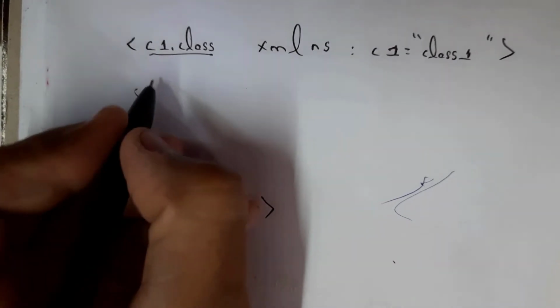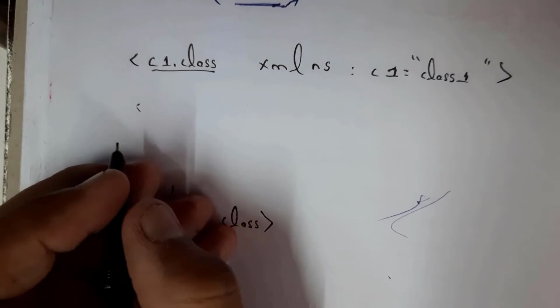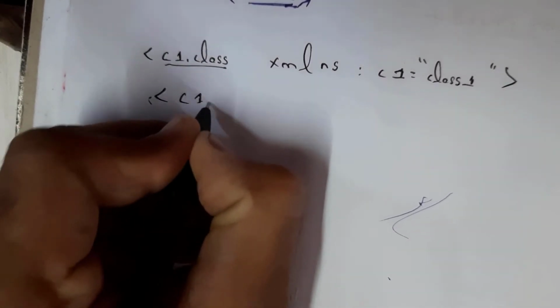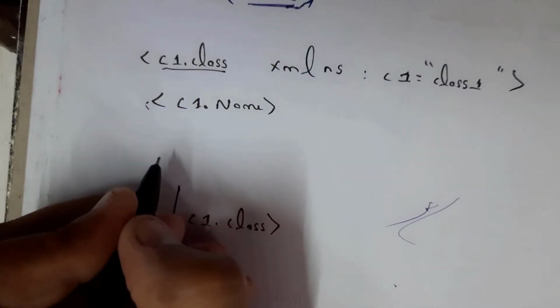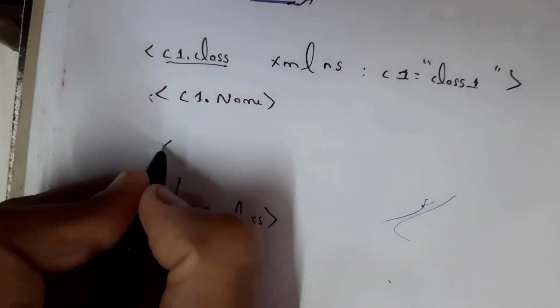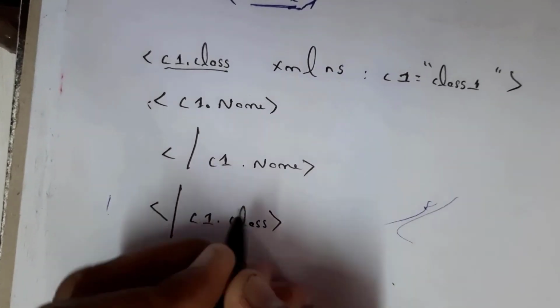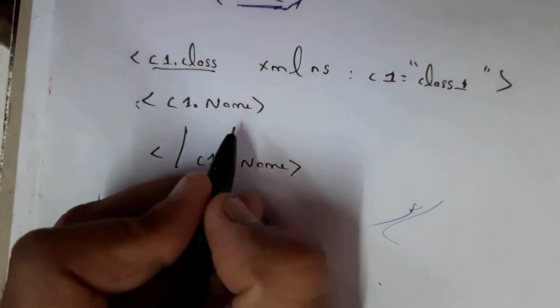And inside class there is name, C1.name, and here I am going to close this as slash C1.name. Here I am going to write the student name as Raju.